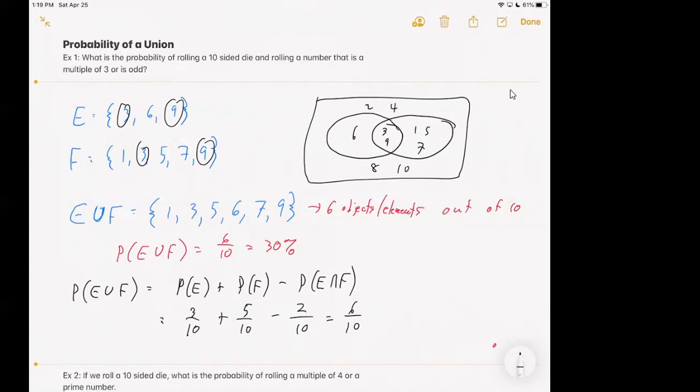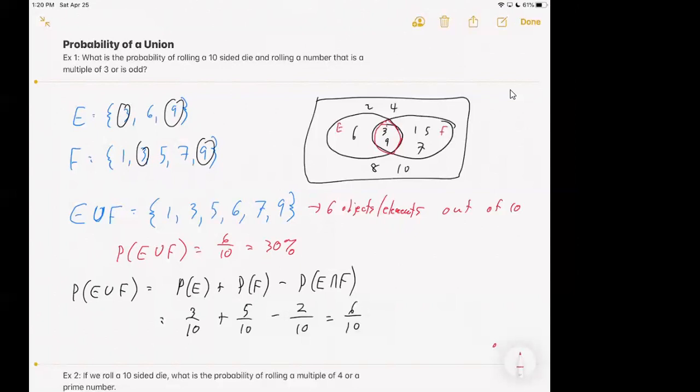And if we count up how many things are in E, we obviously have 3 of them. And if we count up the things that are in F, we have 5 of them. But 3 plus 5 is 8. The problem is we've counted the 3 and the 9 twice. So the things in the overlapping region were doubly counted.